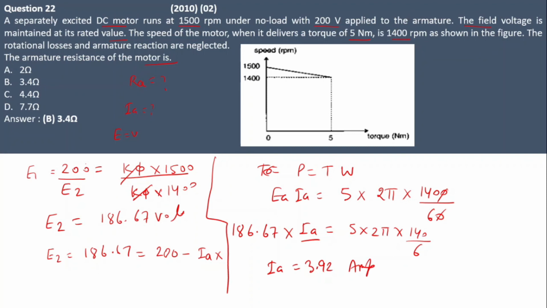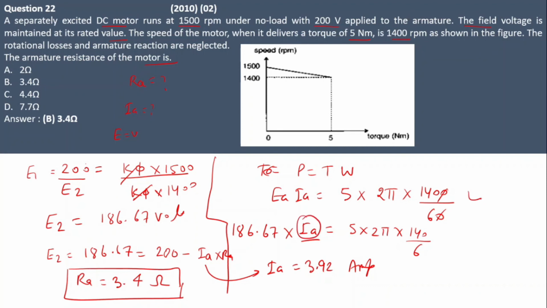So you know the equation E equals V minus IaRa, and E equals 186.67. Put the value of Ia and easily you will get the value of Ra equal to 3.4 ohm. From this relationship directly you can calculate Ia and put this Ia in E equals V minus IaRa. So easy thing.